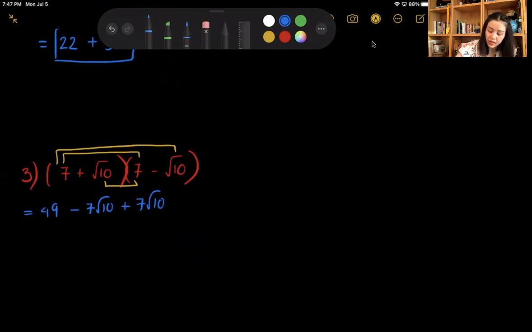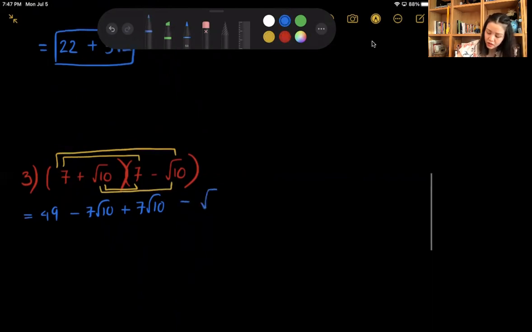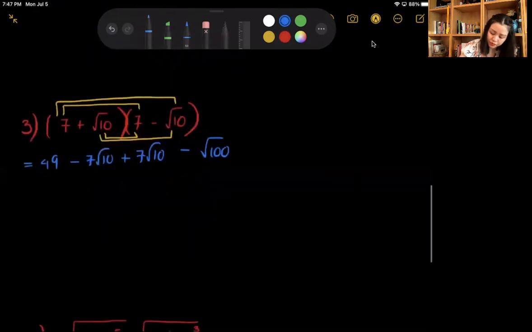And then last, root 10 times negative root 10 is minus root 100, which is, maybe I'll write out root 100, right? The square root of 100 is 10, right? So 49 minus 10 is 39.